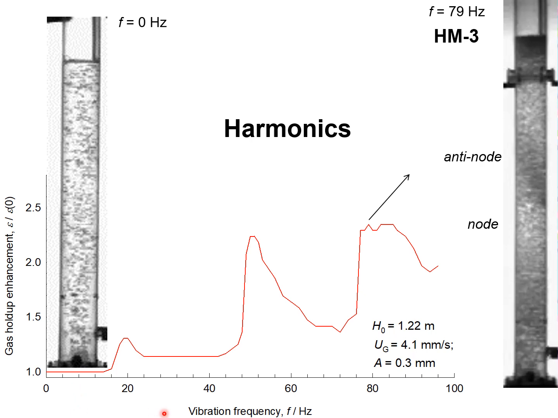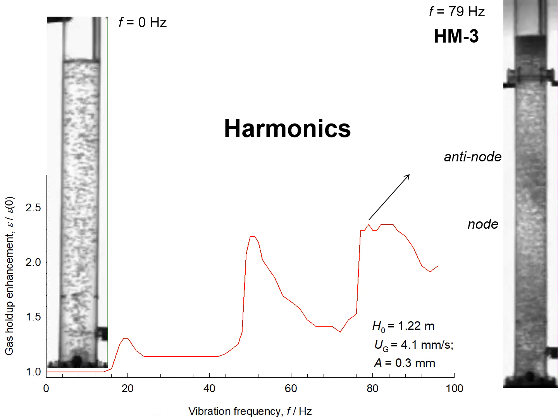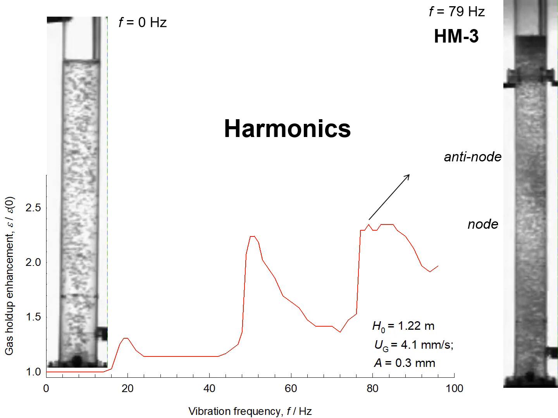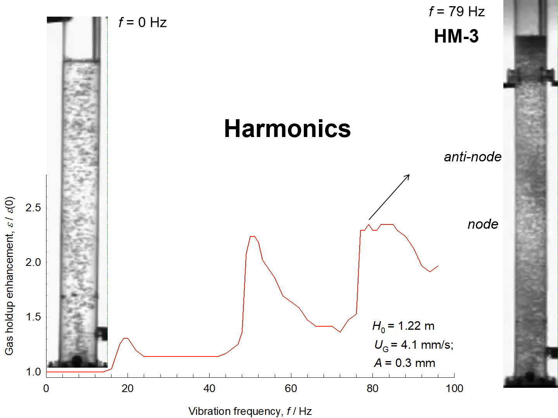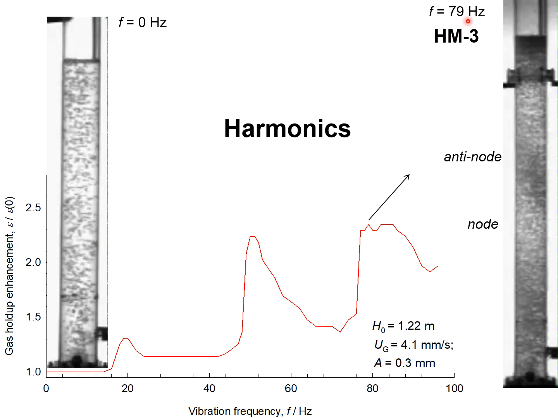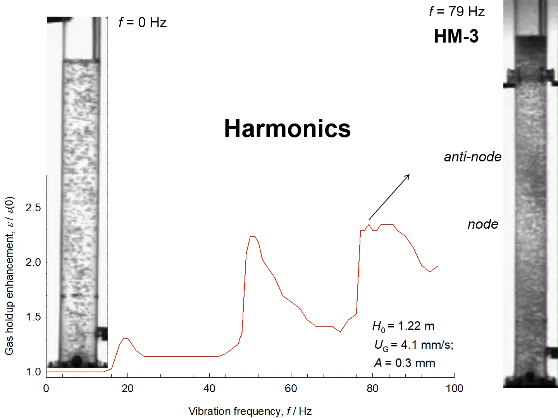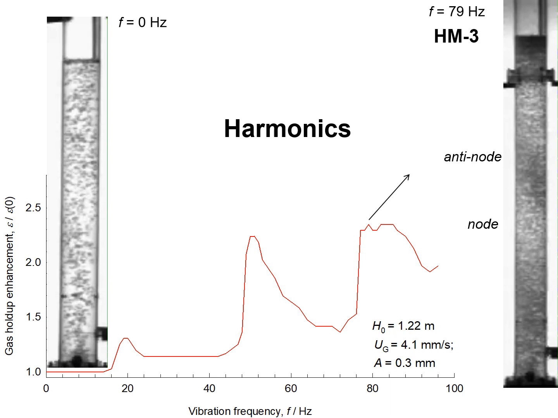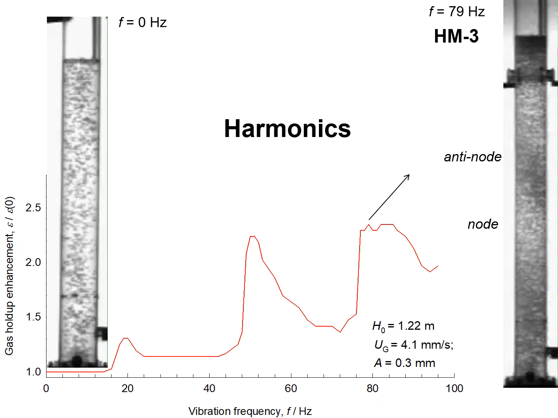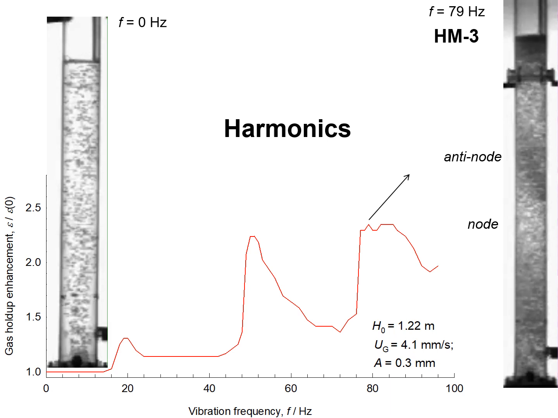For an unvibrated column, the gas holdup varies uniformly up the column. However, if we look at the column that is vibrated at a frequency of 79 Hertz, we note that the gas holdup distribution in the column is non-uniform.